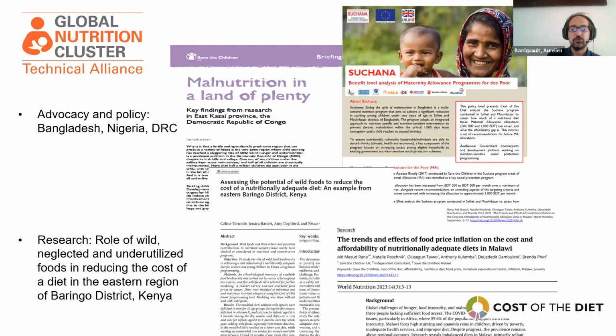So here it's just to show you the other different uses in terms of advocacy and policy. Lily mentioned the maternal allowances, the cash transfer programming in Bangladesh, which helped us to influence and to increase the transfer value.